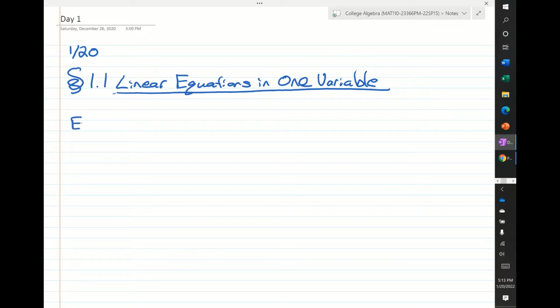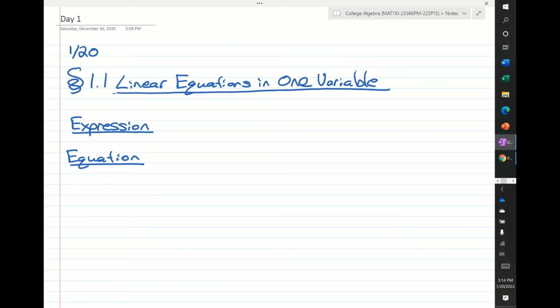One thing is the difference between an expression and an equation. Does anyone know what the difference is between them? Yeah. That's exactly right.